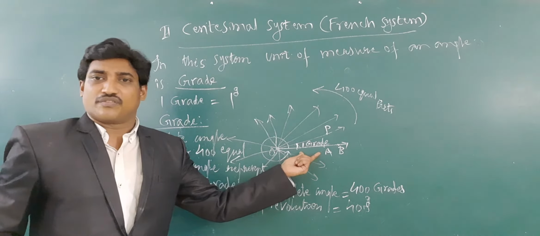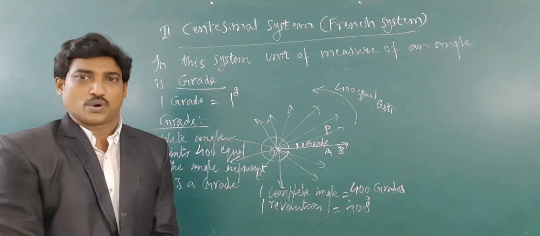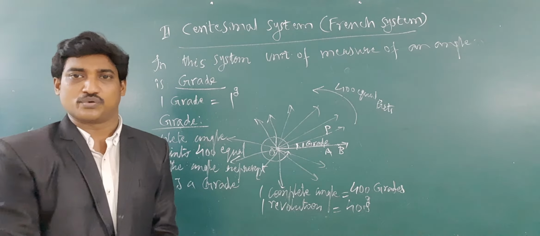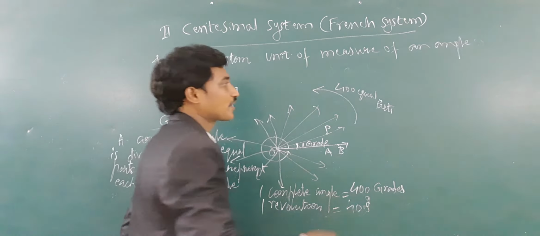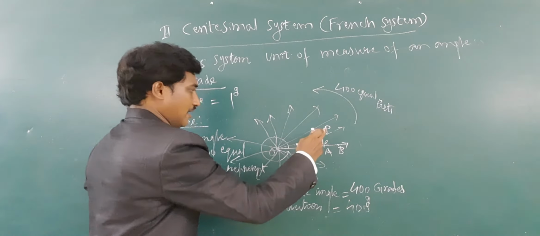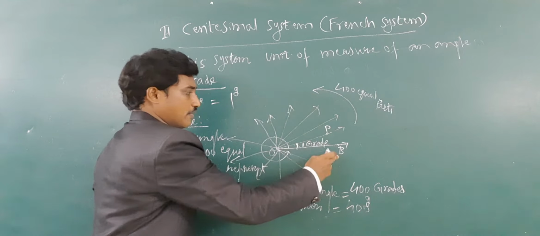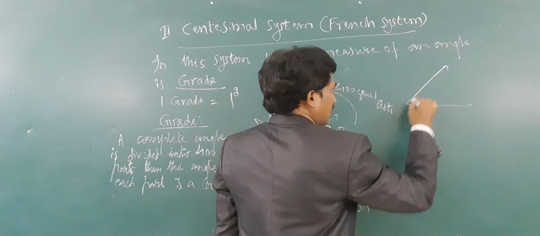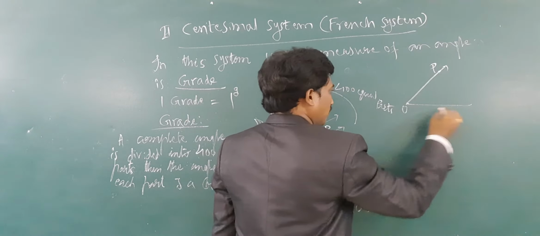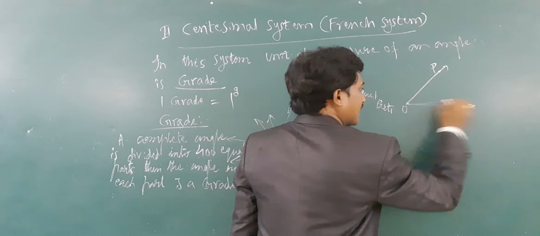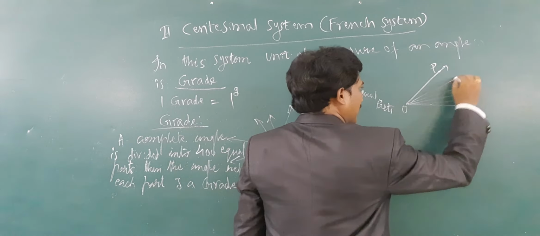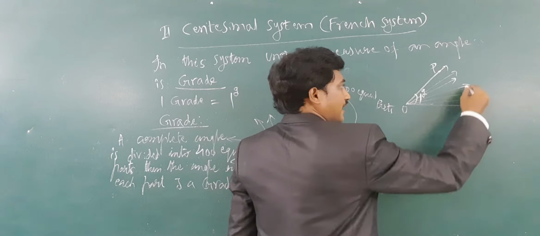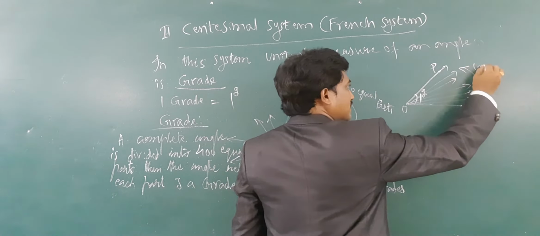This grade is again divided into 100 equal parts. Here I am taking POA, representing one grade. One grade is divided into 100 equal parts.